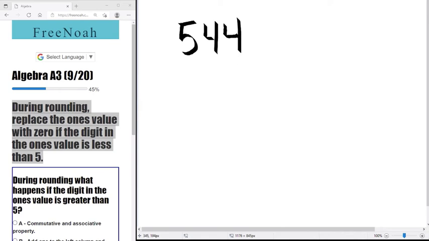Now let's take another number here, 544. We're going to do the same steps. Remember, step 1, identify the digit and the place value. So here we're going to round to the nearest hundred. In the hundreds place value, we have a 5.